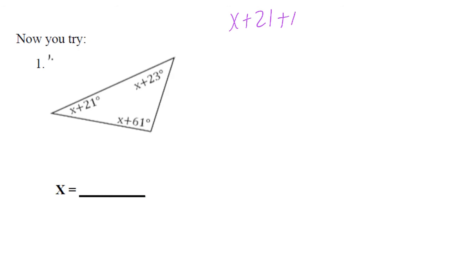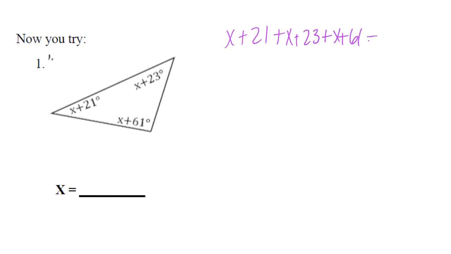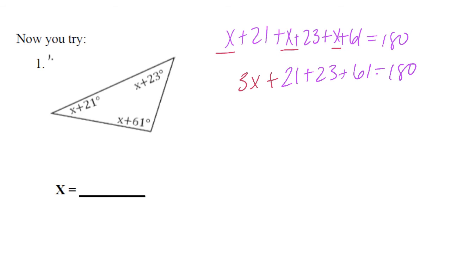X plus 21 plus X plus 23 plus X plus 61 equals 180. And then combine your like terms. X plus X plus X is 3X. 21 plus 23 plus 61 is 105.